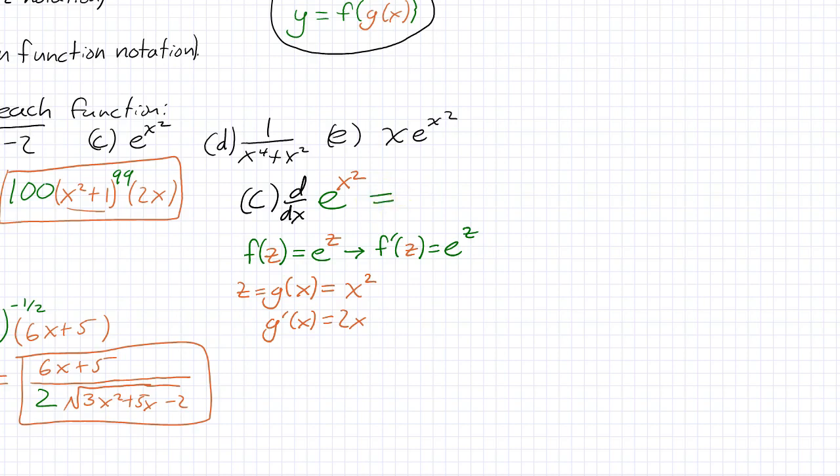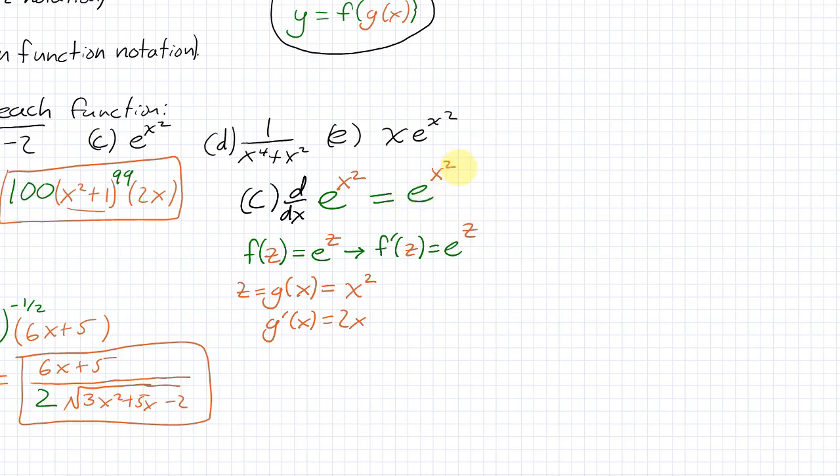We're going to have the derivative of the outer function. This is like our f prime of g of x part. So it's just going to be e to the power z, but I'll write it as e to the power x squared. So we can have everything in terms of x.